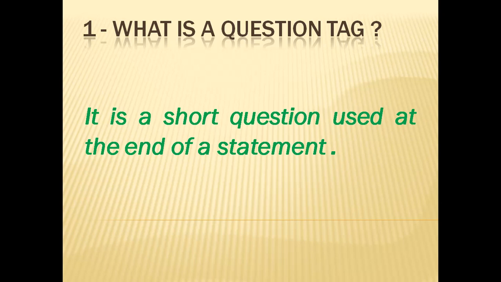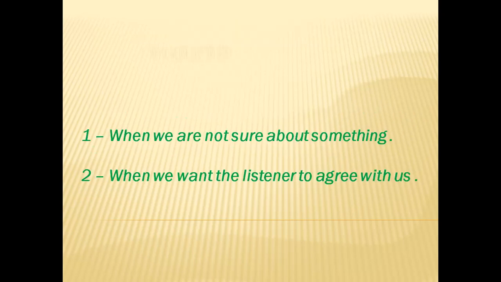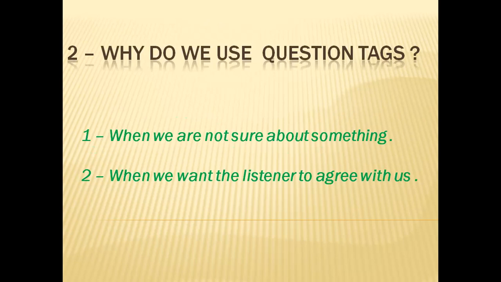This is 1. 2. Why do we use question tags? We use question tags for 2 purposes. Number 1, when we are not sure about something, we want to make sure about something, so we use question tag.